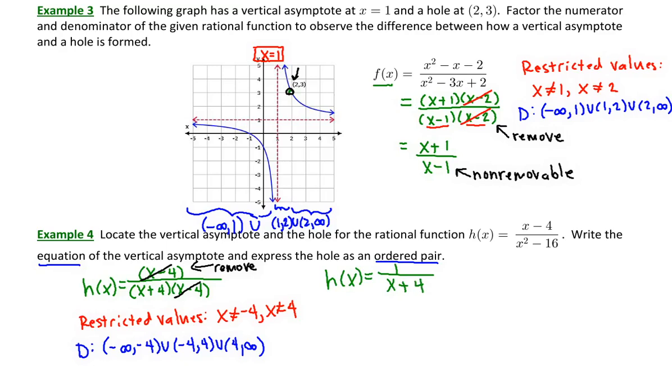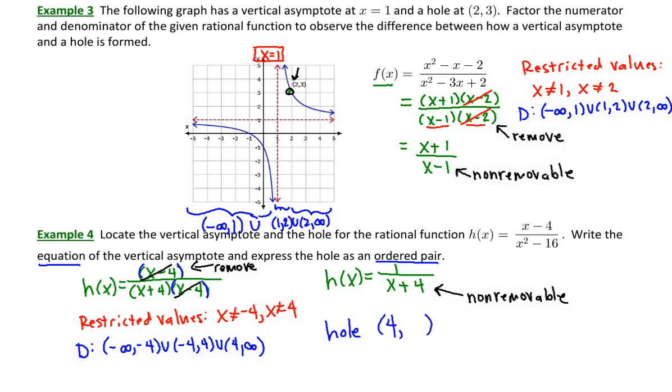There's still a factor in the denominator that gives rise to a restricted value, but it is non-removable. I can't cancel it out. So from our removable factor, the zero of that factor was 4. That's the x value of the hole. So the hole is going to occur when x is equal to 4.